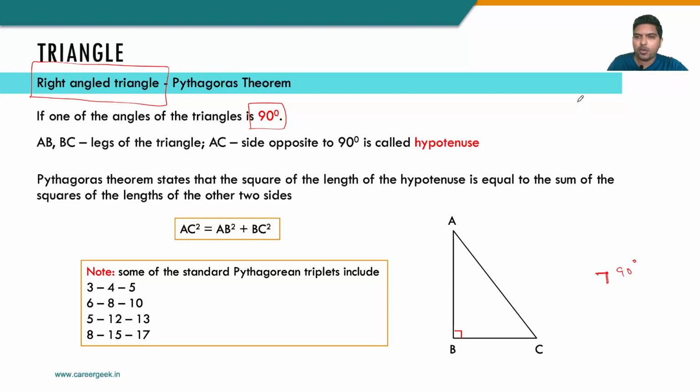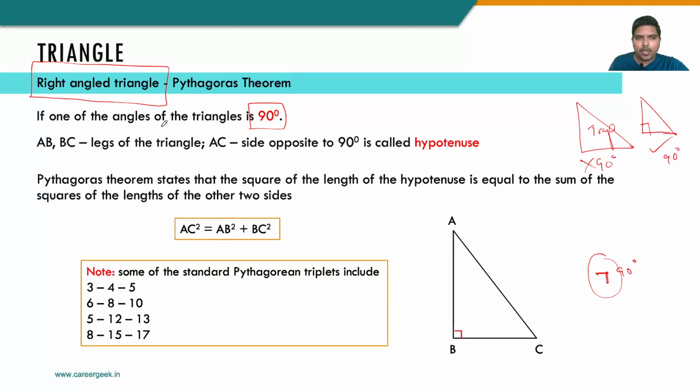A lot of questions, what they'll do, they'll just give the triangle like this without this sign. Remember, this is not 90 degrees. This is 90 degrees. Okay, so this is a trap in the exam. They have to give this sign for you to assume 90 degrees.